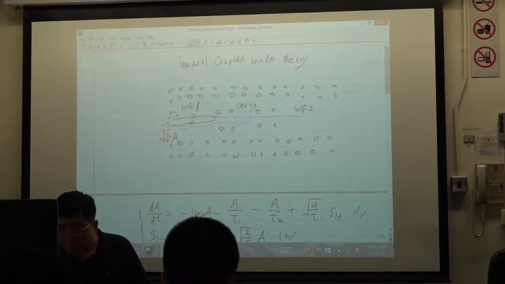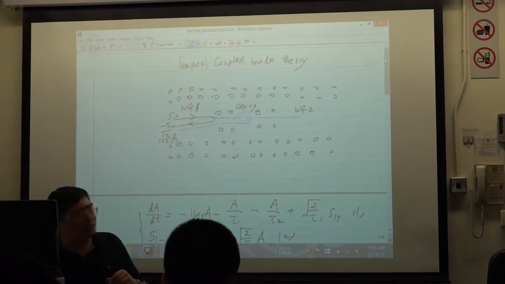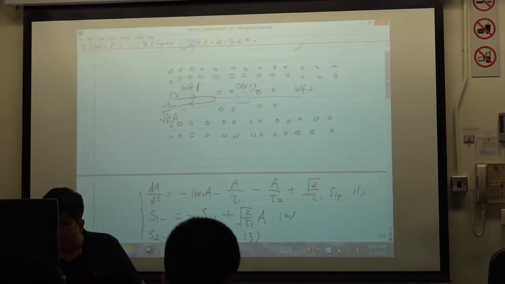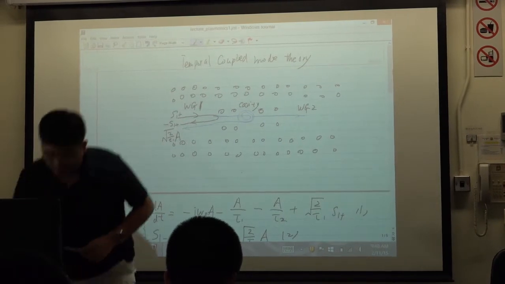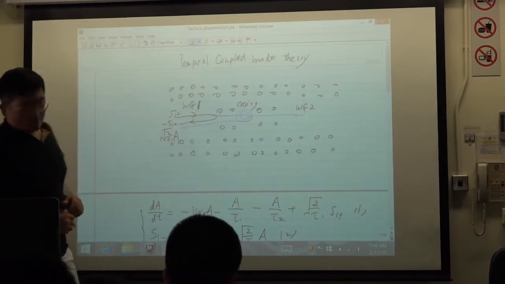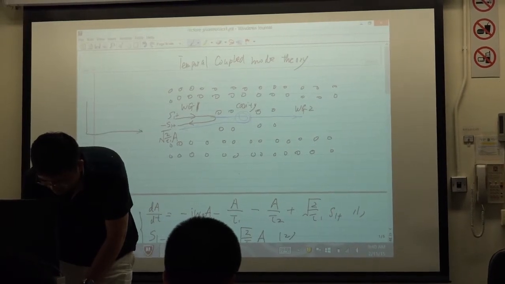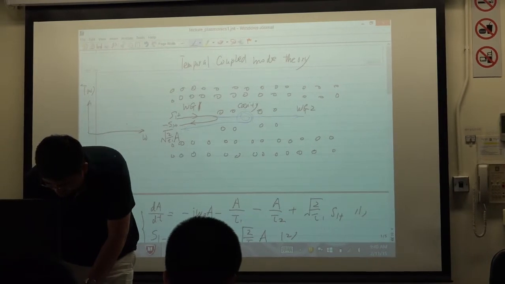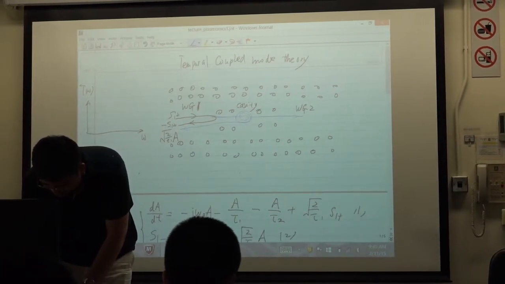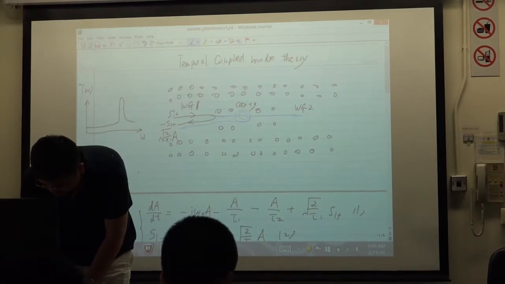I think the simplest case is a filter. About this structure, this filter: the transmission at some frequency can go to 1.